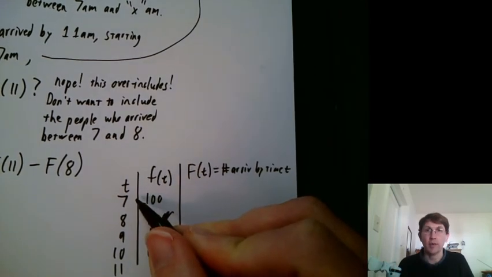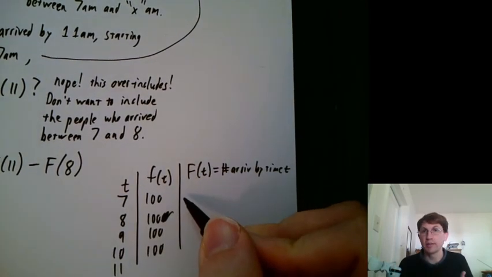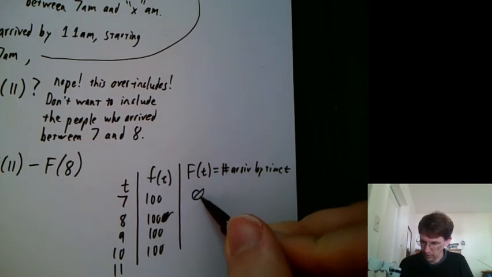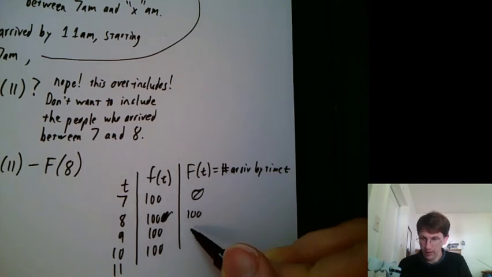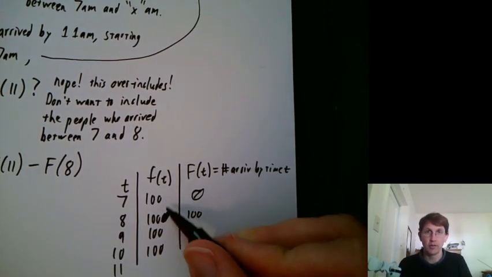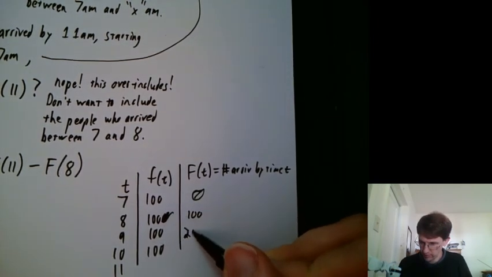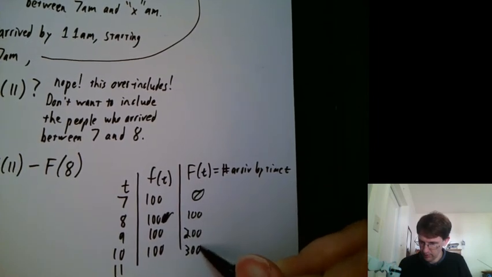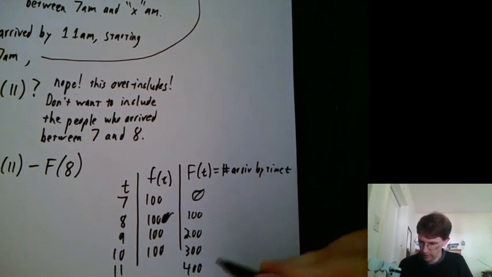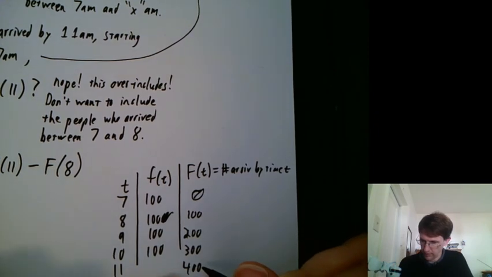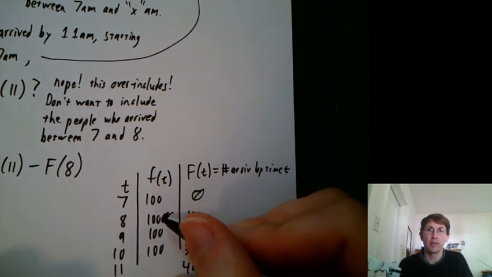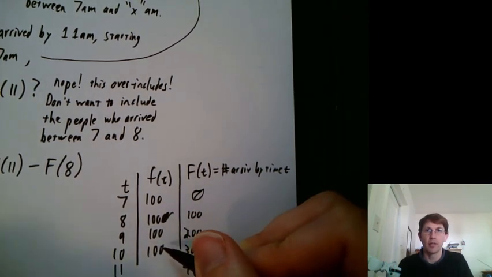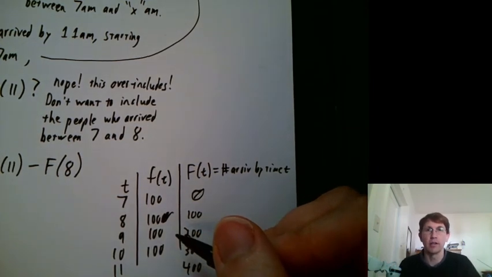At 7 a.m., how many arrivals have happened since 7 a.m.? 0 of them. At 8 a.m., how many arrivals have happened? 100. At 9 a.m., how many have happened? Those 100 plus those 100. So 200. And then 300 and 400. So F of 11 would be 400. F of 8 would be 100. And subtracting those will give you the 300, which would be this 100 plus that 100 plus that 100. So that's the logic of what's going on in the FTC part 2.